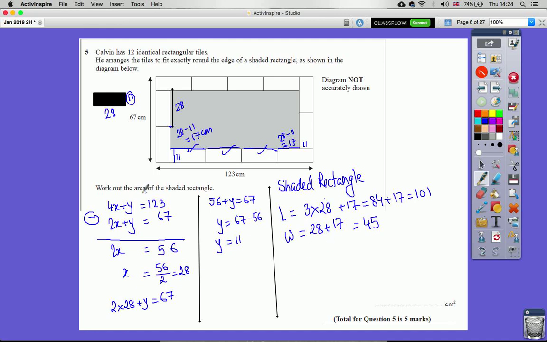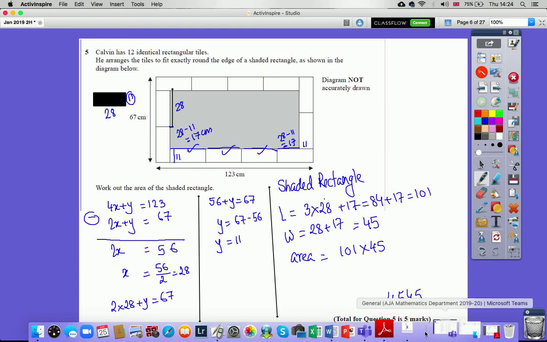So we need to work out the area of the shaded rectangle. That is going to be 101 multiplied by 45, 4,545 centimeters squared, and that is the area of this shaded rectangle.